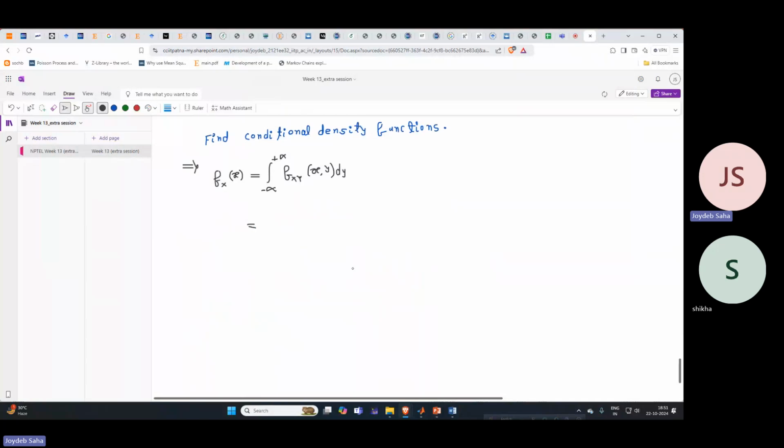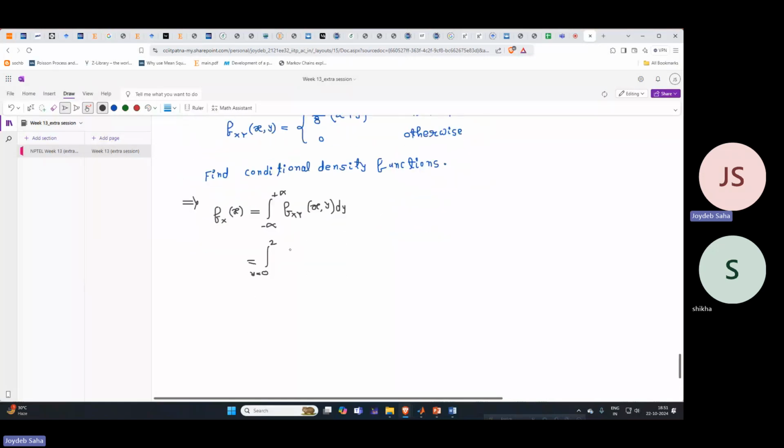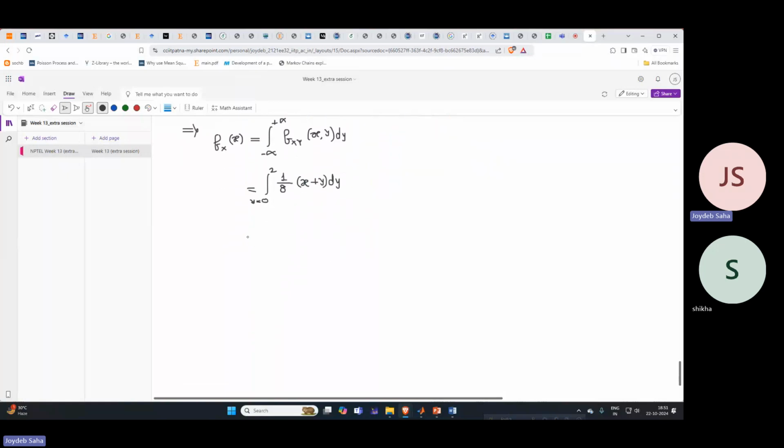Y limit is 0 to 2. So this is 1 upon 8 integral of x plus y dy.